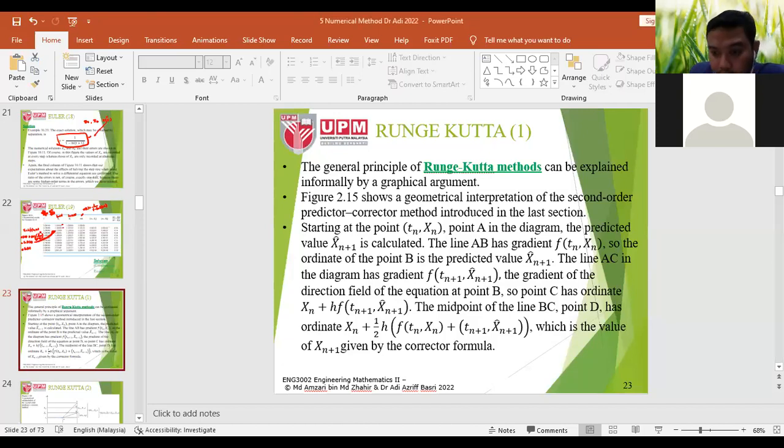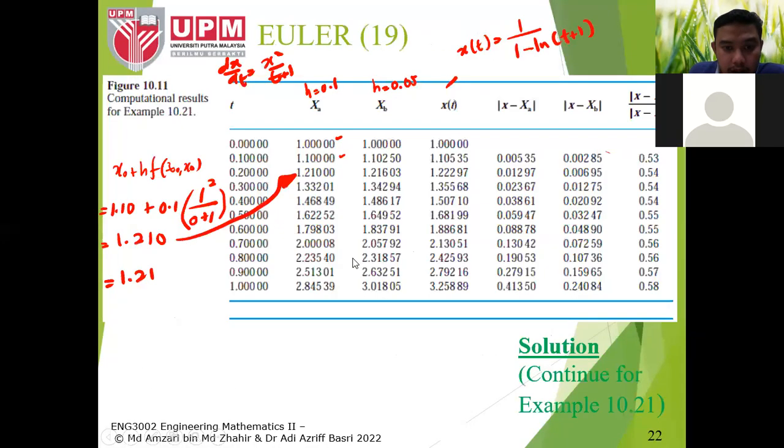Hopefully you get it. In order to calculate the xt or the next one, you need to use this one. The same for the xb. For xb, you use h equal to 0.05. Use the same method. For xt, you just put your value in terms of this one.